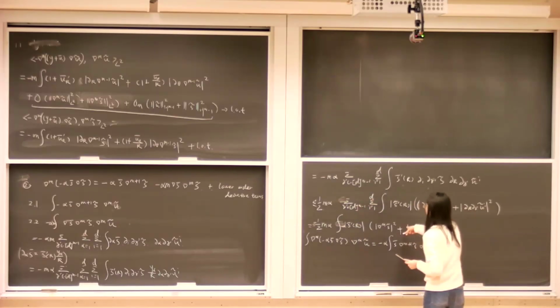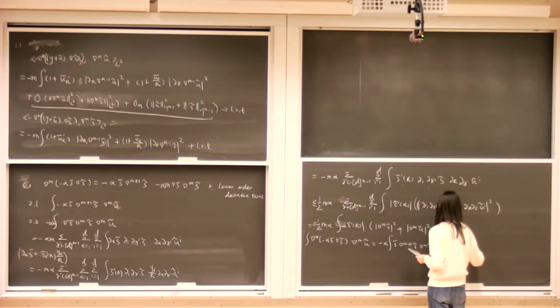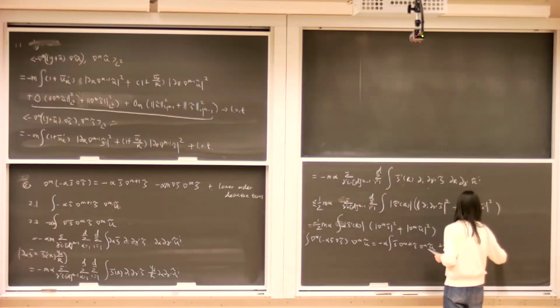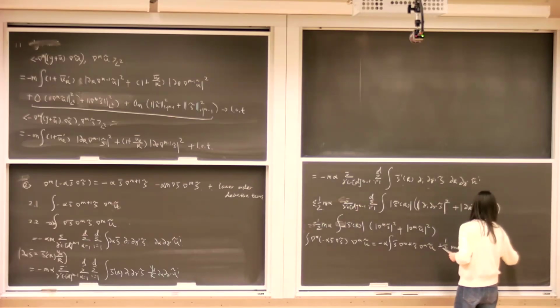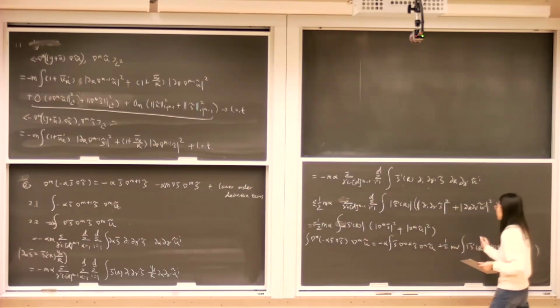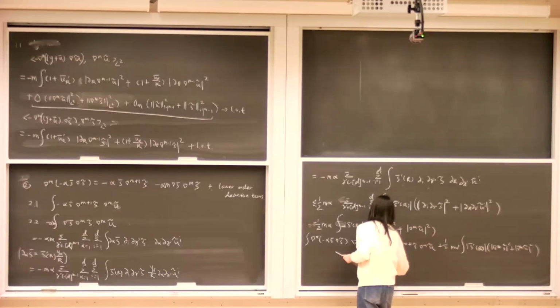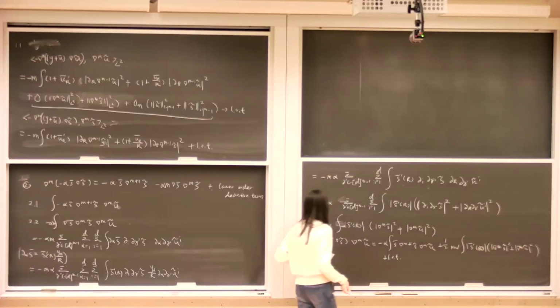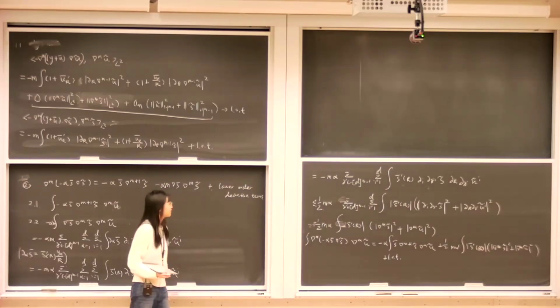And then we'll have the term that can be bounded, which will be absorbed into the other term, plus lower order terms, so those are good. So this is our second term.